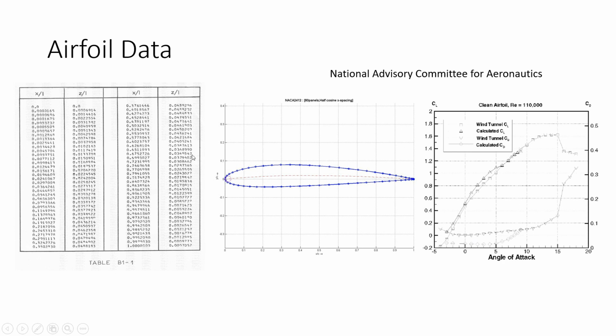One such research was done by the National Advisory Committee for Aeronautics, which is NACA. They produced a numerous number of NACA series. Many present day aircraft still use airfoils designed by NACA.